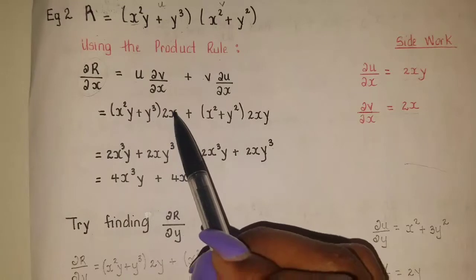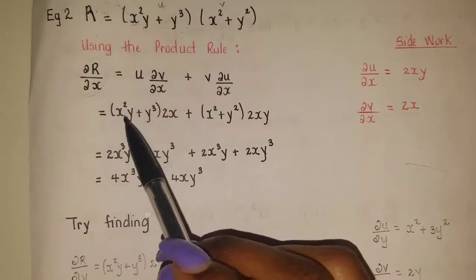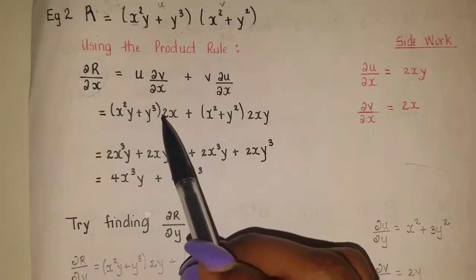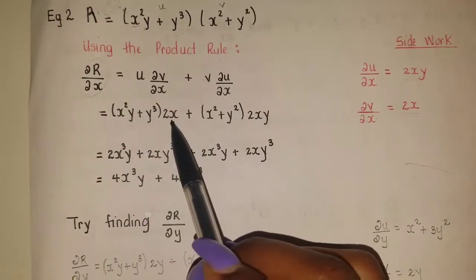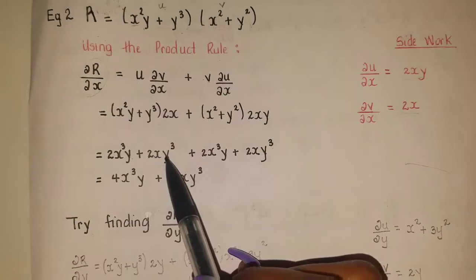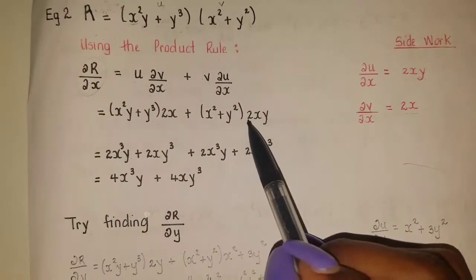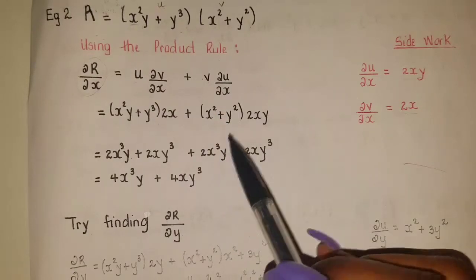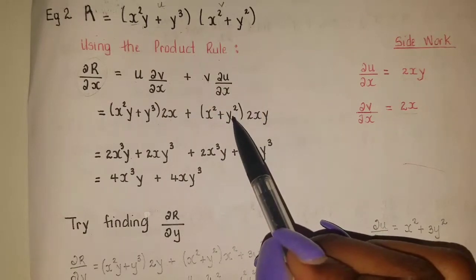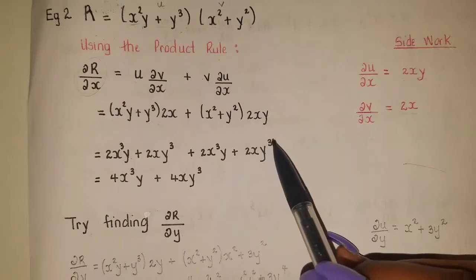So 2x times x squared y will give us 2x cubed y. 2x times y cubed is simply 2xy cubed. Here, 2xy times x squared will be 2x cubed y, and 2xy times y squared is 2xy cubed.